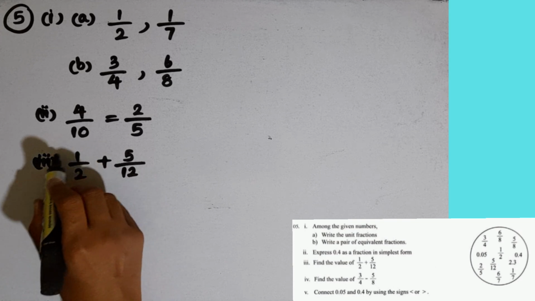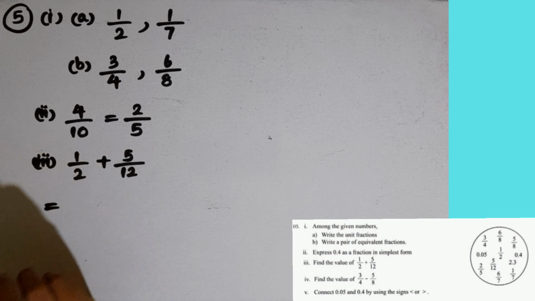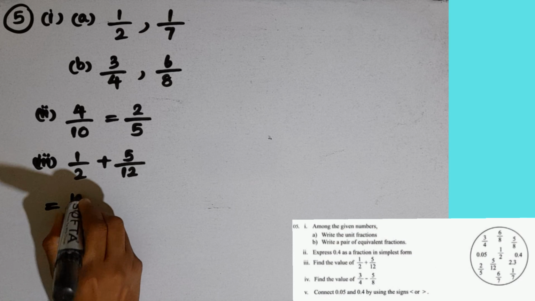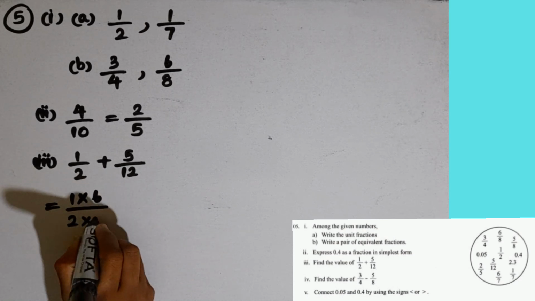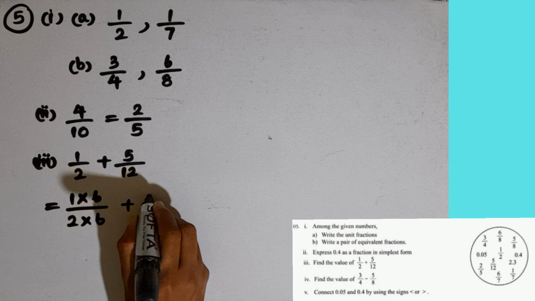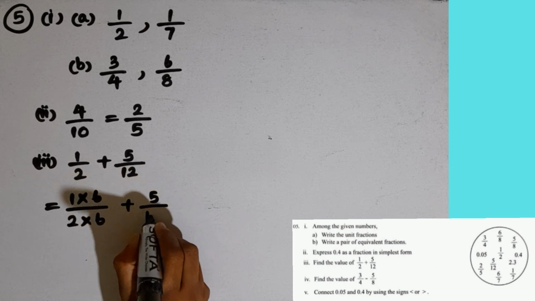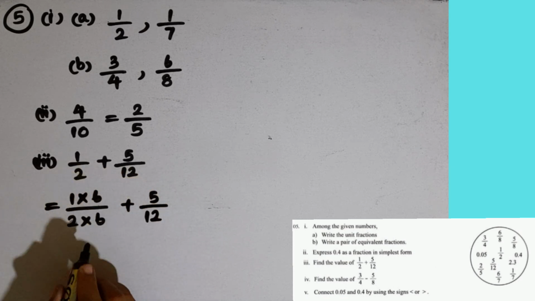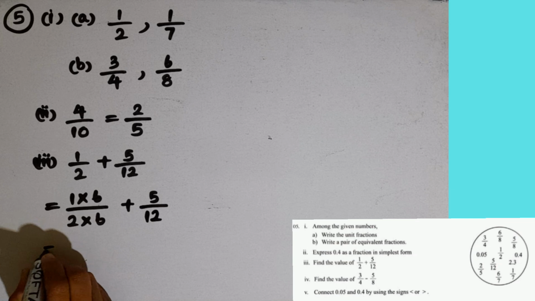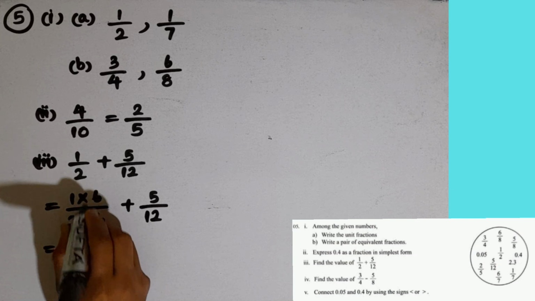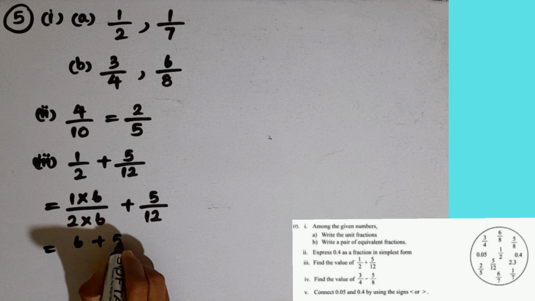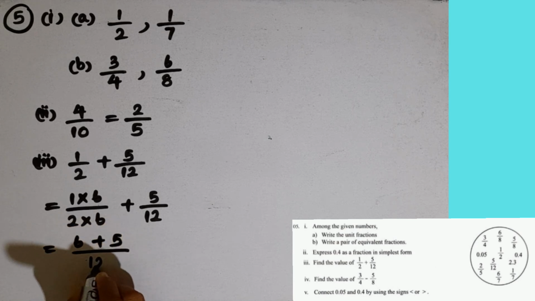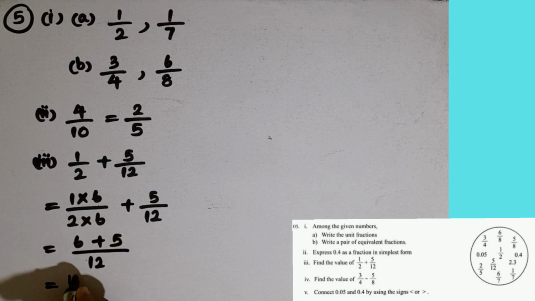So we can multiply the first fraction by 6: 1 multiplied by 6 over 2 multiplied by 6 plus 5 over 12. The second fraction remains unchanged. Then here 6 is the numerator. Then we can add the two numerators, 6 plus 5 over 12. The answer is 11 over 12.